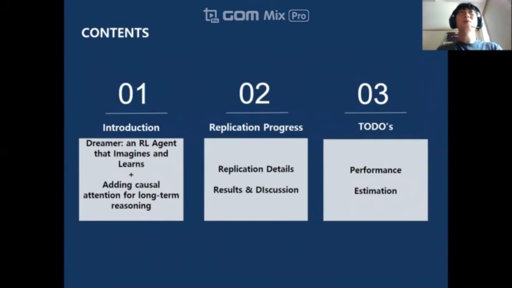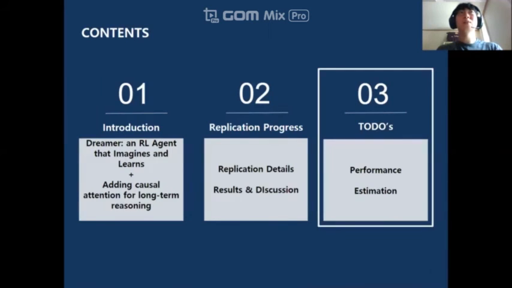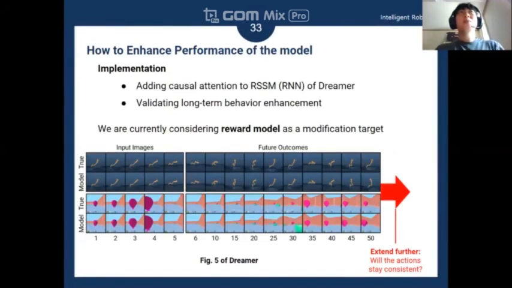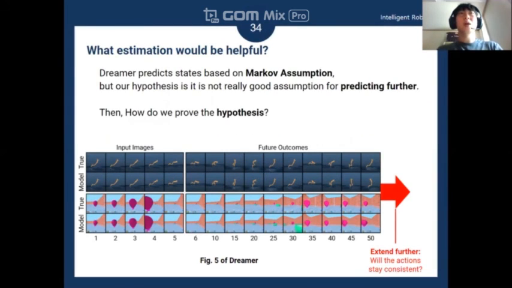Next, we show what we will do next. As we explained before, to enhance the performance of the model, we will attach causal attention to the RNN of Dreamer. Especially, we can consider the reward model for the modification. Then, what estimation would be helpful? Dreamer predicts states based on the Markov assumption, but our hypothesis is that it is not a really good assumption for predicting the states.